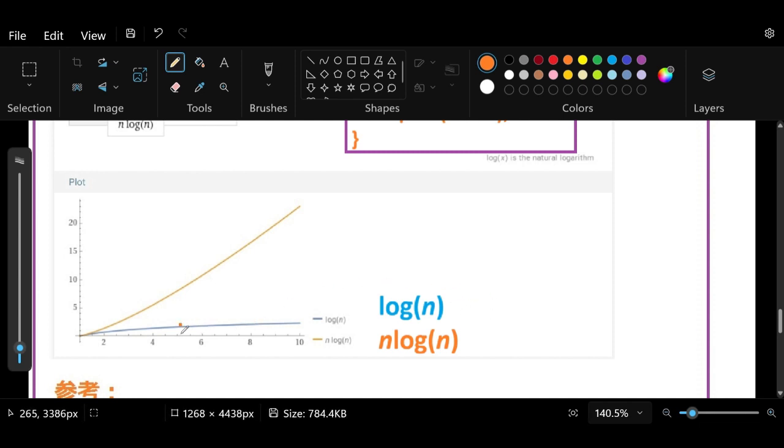It turns out, if we look at the graph, we can see that the log n is going in this way, which means that it's going to finish much faster than the n log n, because the n log n is going in this way. If it reminds you of something exponential, then I think you're on the right track. Now, we need to know which one's the fastest and which one's the slowest.